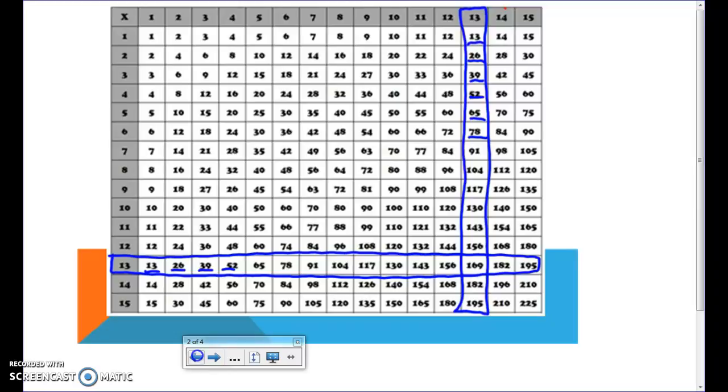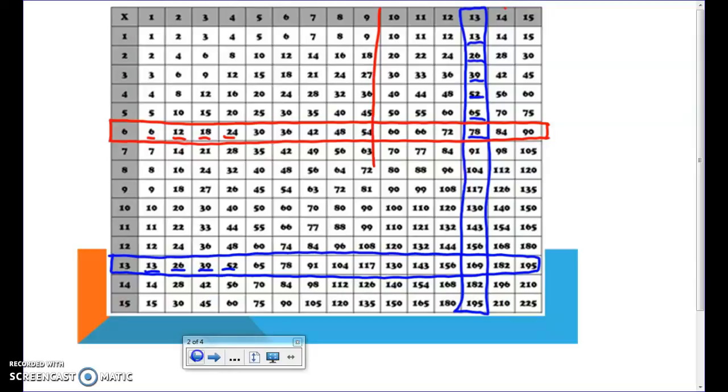Every number in a column, for instance, the 6th row here, every number in this row has the same factor, or they all share the same factor in common, which is 6. 6 goes into 6 once, into 12 twice, into 18 3 times, into 24 4 times, and so on. Because all of these numbers highlighted in red share the same common factor, they're all multiples of 6.